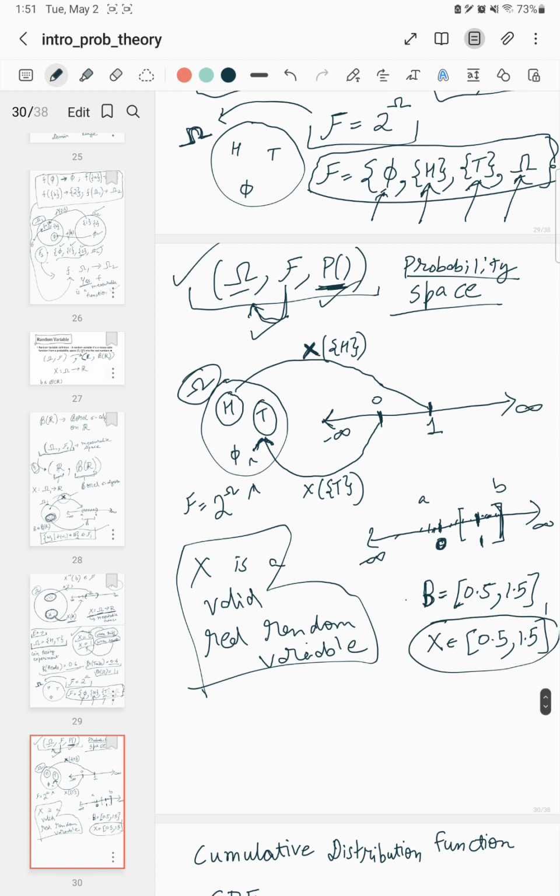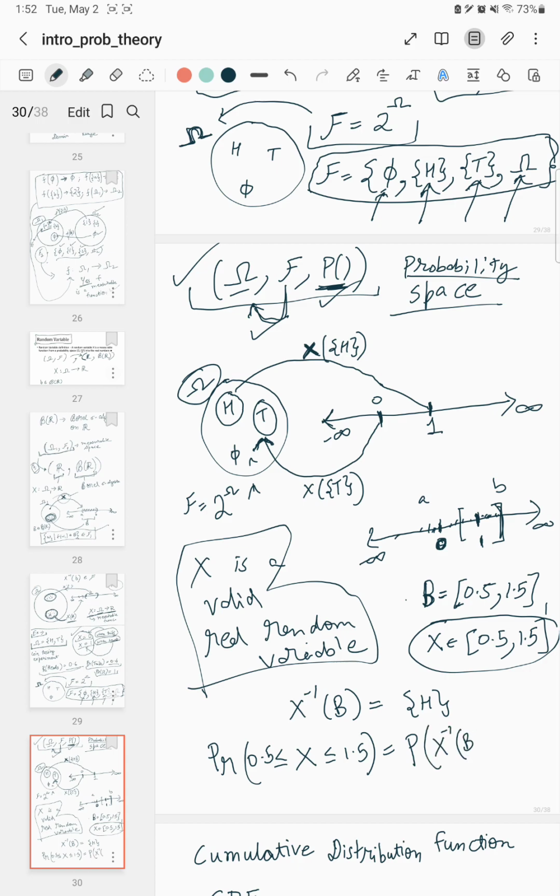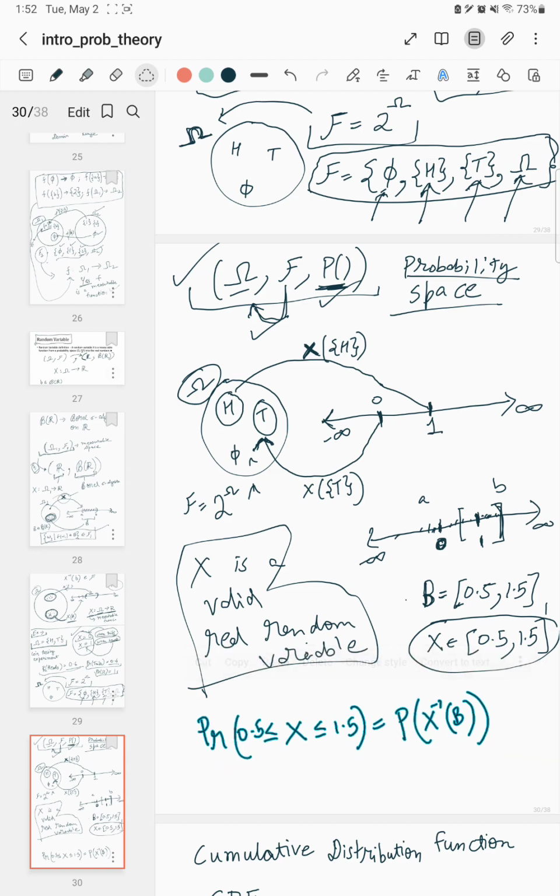This can be easily calculated using this concept. The pre-image of B would point towards the set heads, and the probability that x lies between 0.5 and 1.5 is the probability measure of the pre-image of this Borel set. So x inverse of B is nothing but heads.